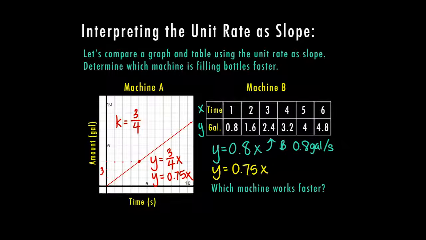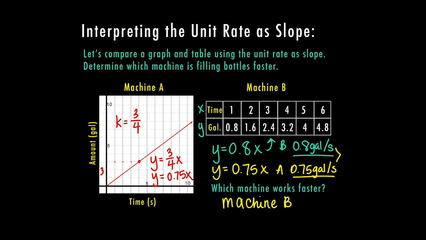And I can say that machine A is filling up 0.75 gallons per second. Because they're both comparing 1 second, that's our unit rate, then I can tell easily that machine B works faster. We know that 0.8 is greater than 0.75.